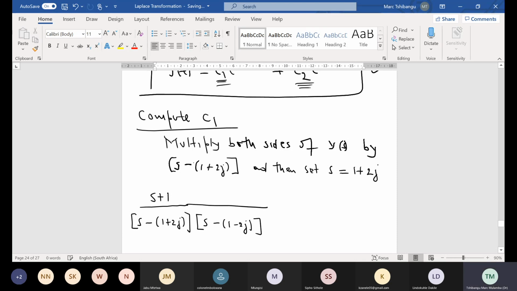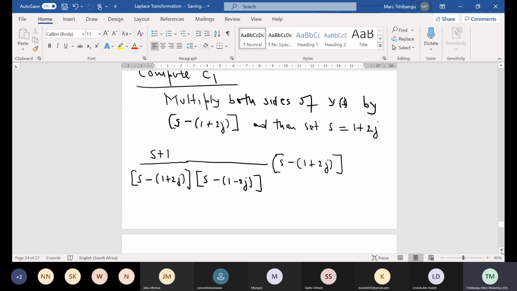We're going to multiply this by s minus 1 plus 2j, and this will be equal to C1 over s minus 1 plus 2j plus C2 over s minus 1 minus 2j, times s minus 1 plus 2j.